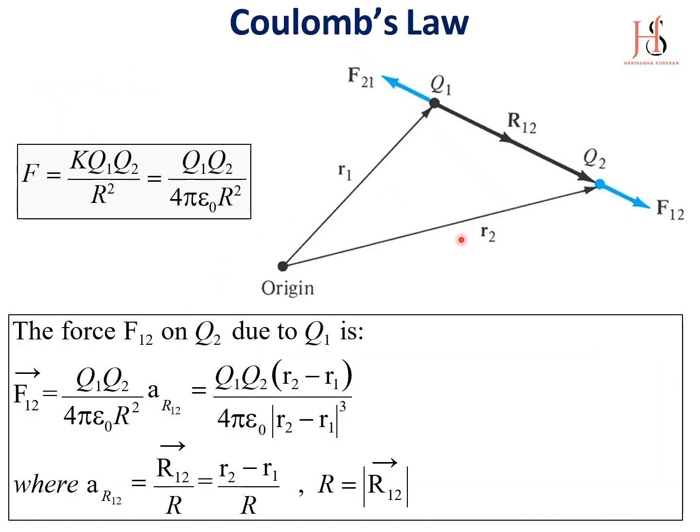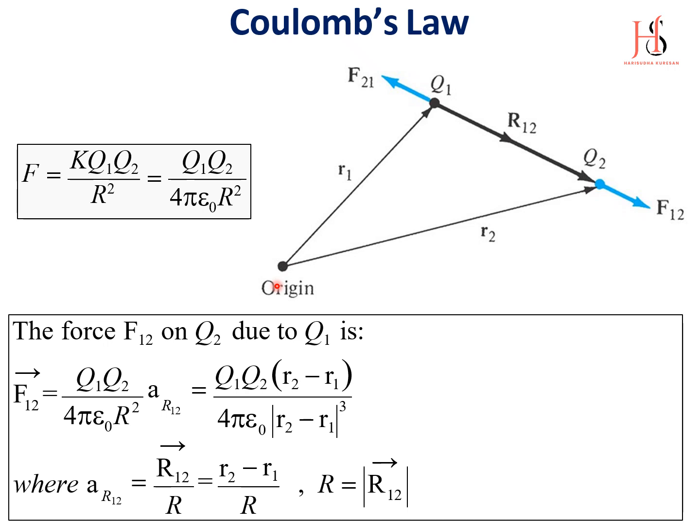Now, let's first see the explanation of this diagram. The figure illustrates the interaction between the 2 point charges using Coulomb's law. There are 2 point charges Q1 and Q2, and the origin is taken as the reference point.